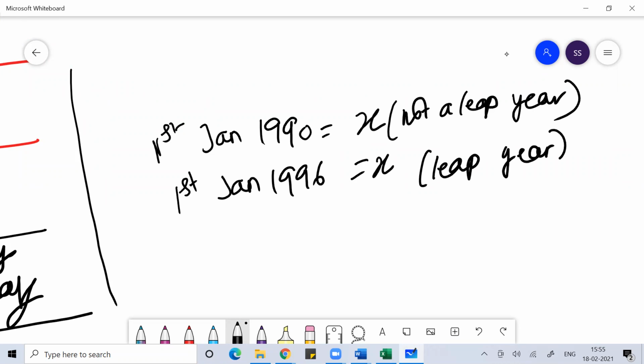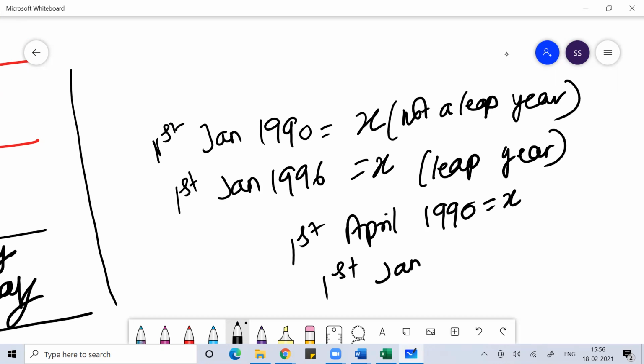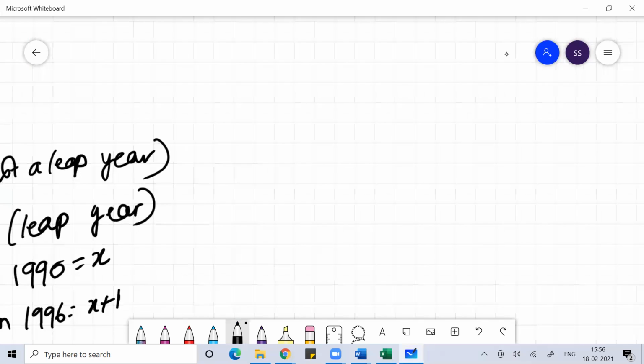Because 1996 is a leap year, for any date after 1st January, if you take 1st April 1990 as X, then 1st April 1996 will be X plus 1. That part you can observe here. So you may get confused on 1996, but 1996 will not give you the correct answer.